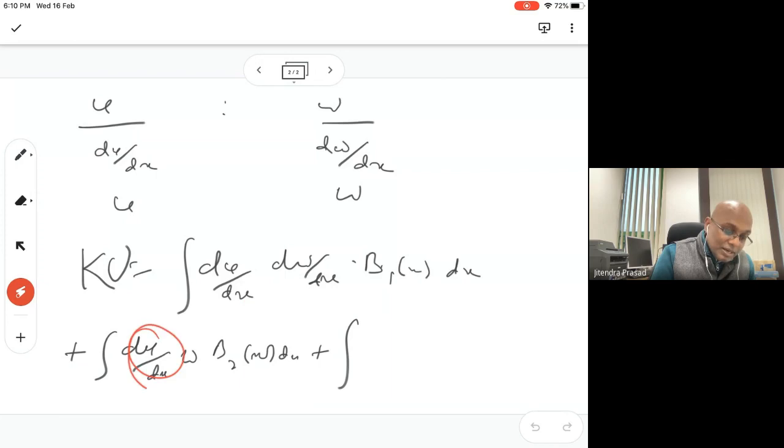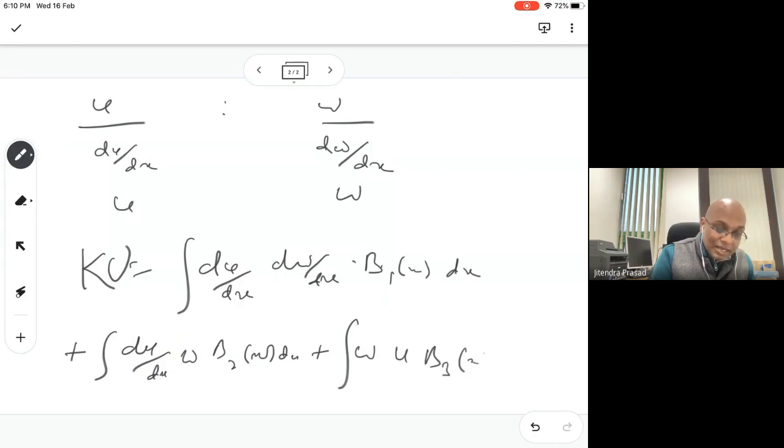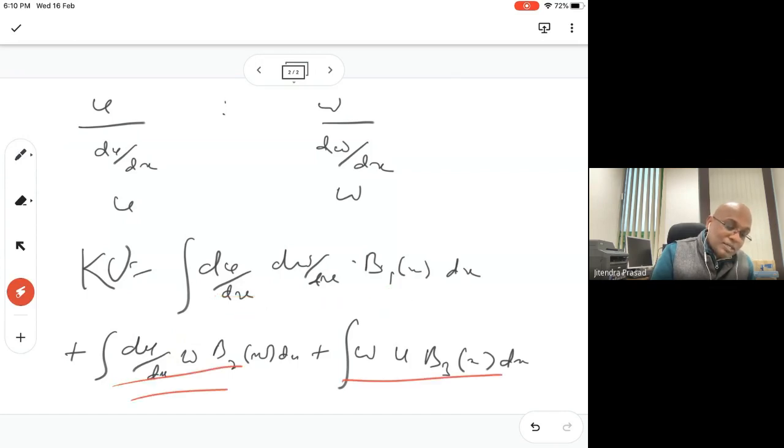Then you have w multiplied by this one, then you have w times u b3x dx. So these combinations are possible, right? So ku will be basically giving you this and this and this.